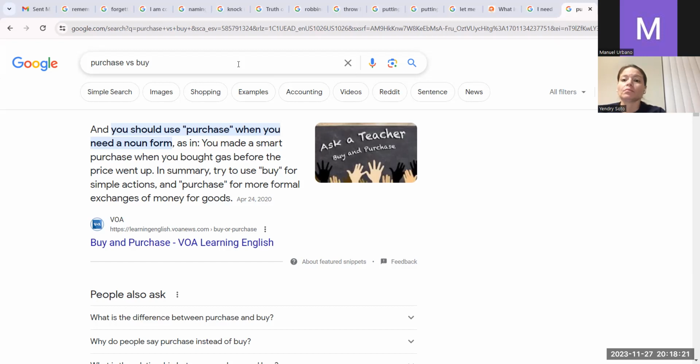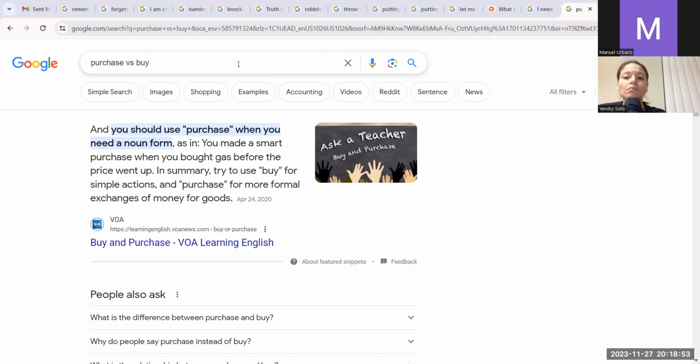When you go to the flea market, for example, you buy cans. So you buy. When you go to Walmart, you purchase. When you go to Macy's, when you go to all these places, you purchase because you have a receipt and everything else. When you buy it's informal, purchase is formal. So if you're going to make a claim, you'll say purchase.